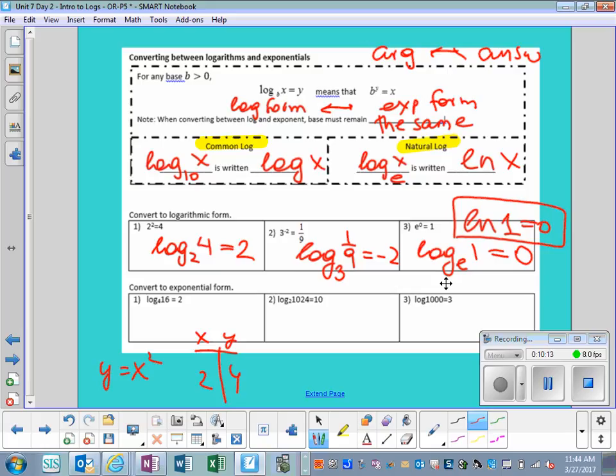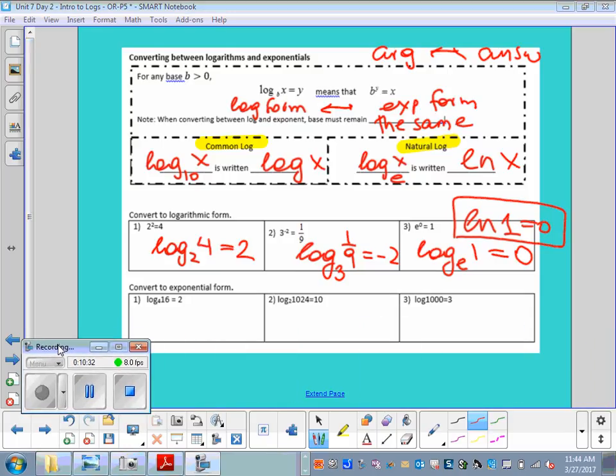Input, output. That's all it means. And the base of this function is the number that is either the base of the log or the base of the exponent, and that stays the same. Questions about the first three?